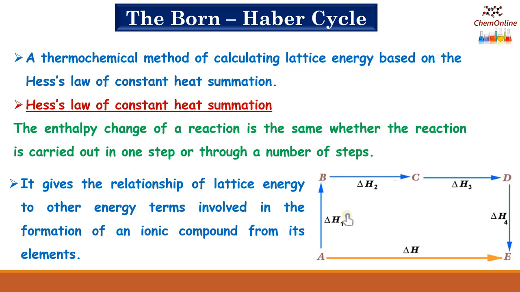So according to Hess's law, the sum of these four steps will be equal to the single step A to E, that will be equal to delta H. So whether the reaction is completed in one step or through a number of steps, the enthalpy change will be the same. So Born-Haber cycle is based on Hess's law of constant heat summation, and it gives a relationship of lattice energy to other energy terms involved in the formation of an ionic compound from its elements.